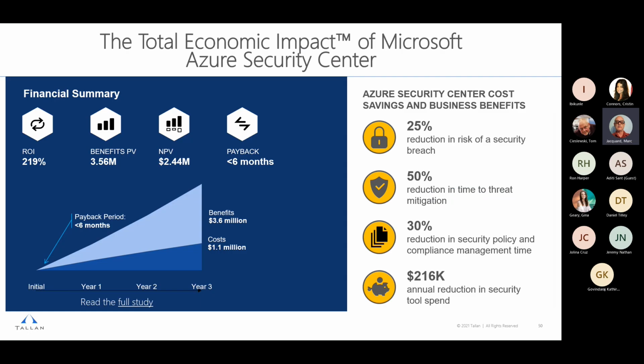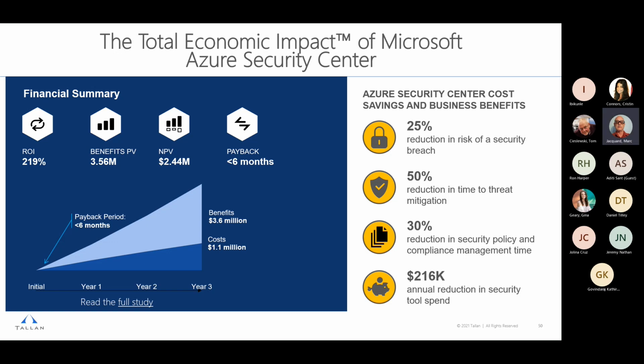This I will have Gina give you as a reference, but actually, there was an economic study done by Forrester about return on investment for Defender. Now, you've got net present value, benefits present value, return on investment. That one I understand. I'm not an accountant.